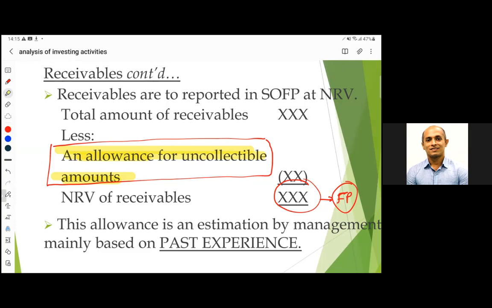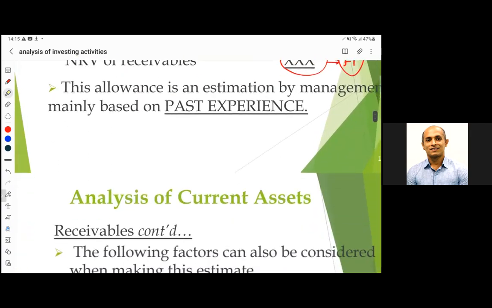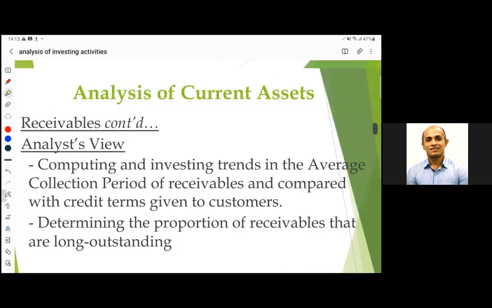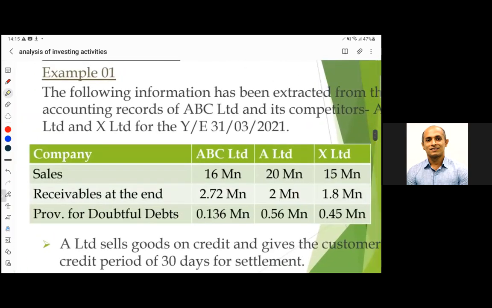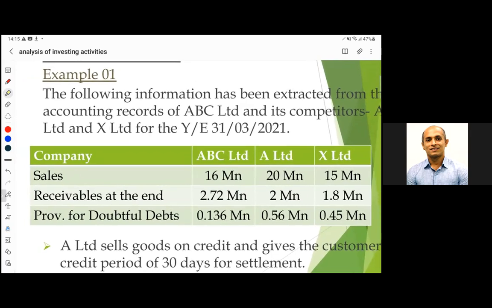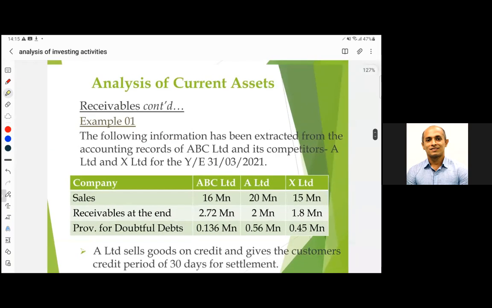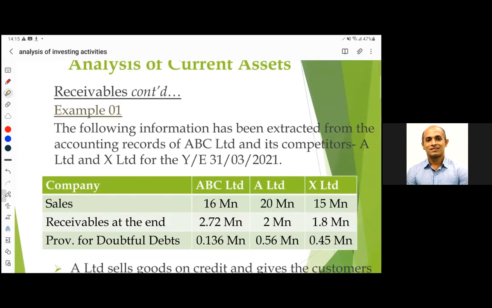Right. So let's see an example. You have information from the financial statements and accounting records of ABC Limited for the year ended 31st March 2021.